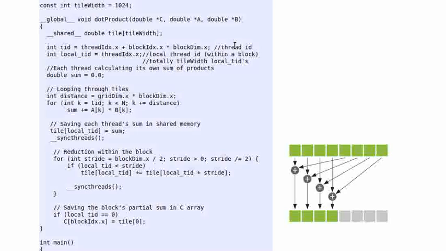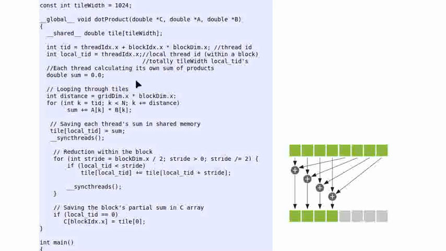Each element is accessed by a thread ID, which is given by threadIdx.x plus blockIdx.x times blockDim.x. So this is one dimension only. And before that we define the local TID, the local thread ID within the block, so threadIdx.x.